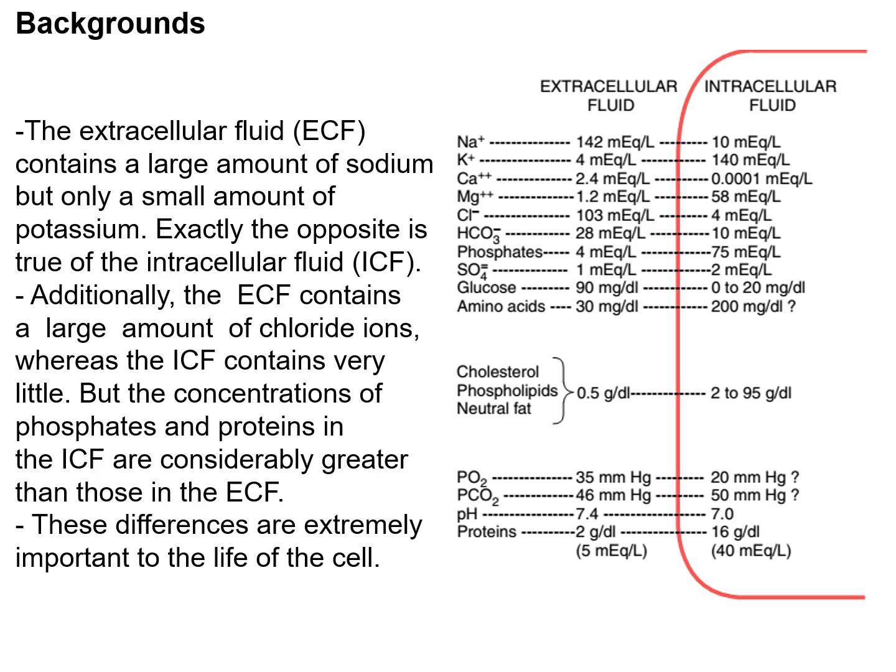Let's say, for example, the extracellular fluid contains a large amount of sodium in comparison to inside of the cell, while the intracellular fluid contains a large amount of potassium compared to outside of the cell.